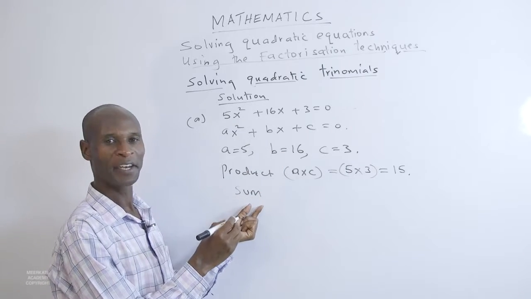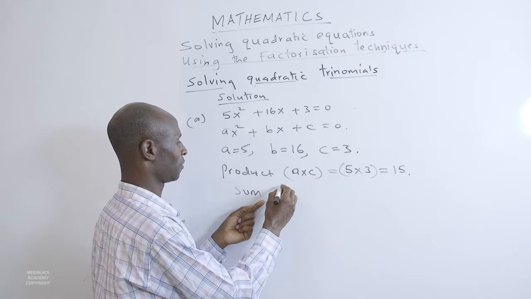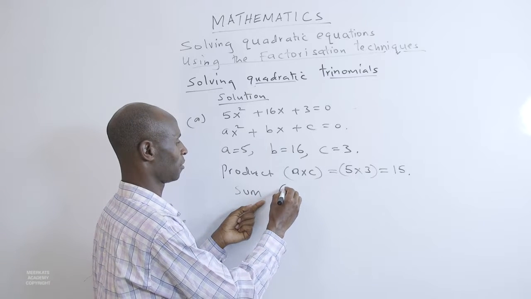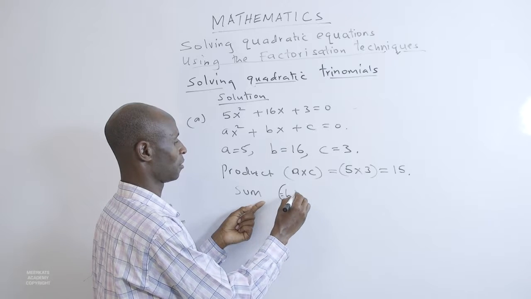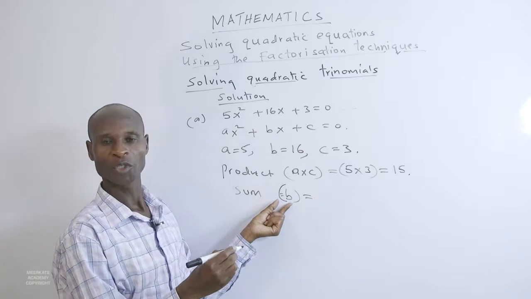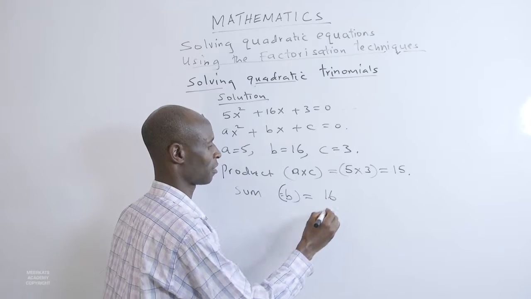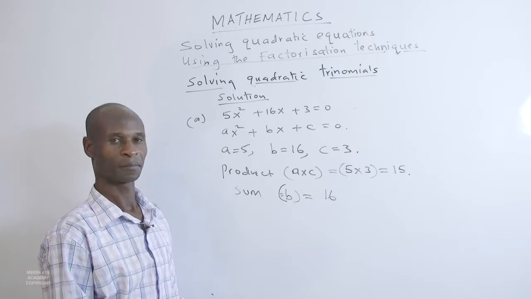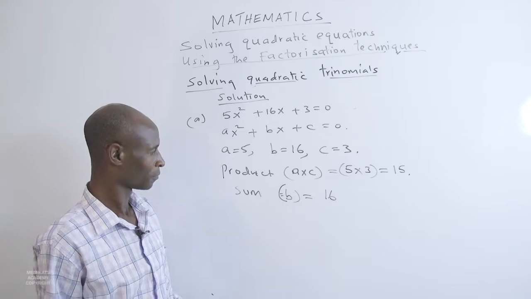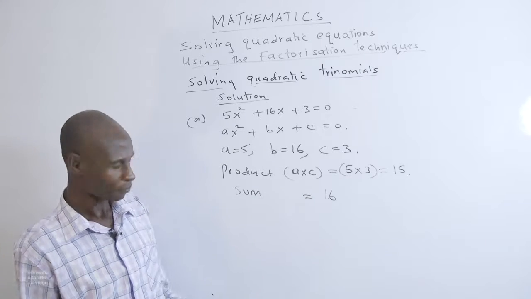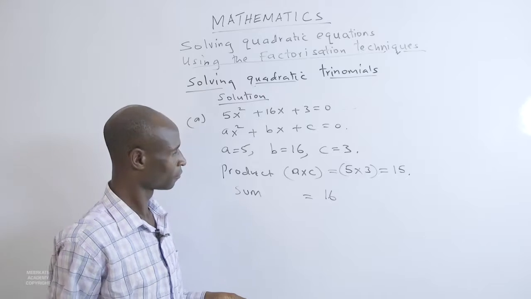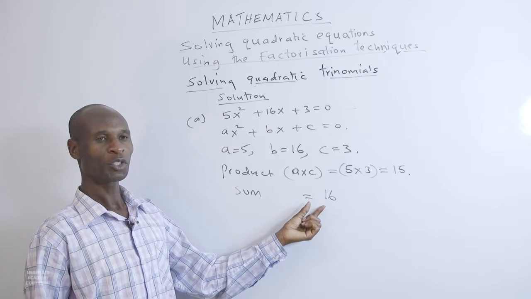So sum means adding. The sum should give us b, which is 16.